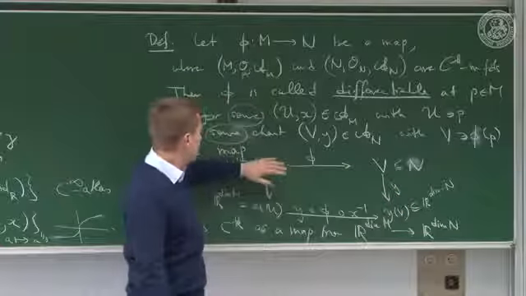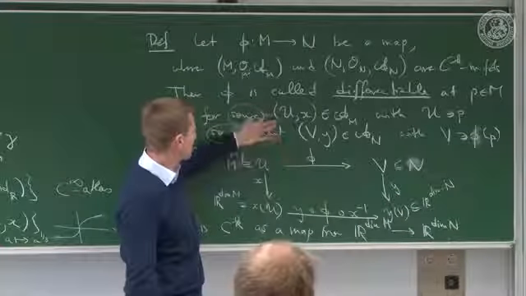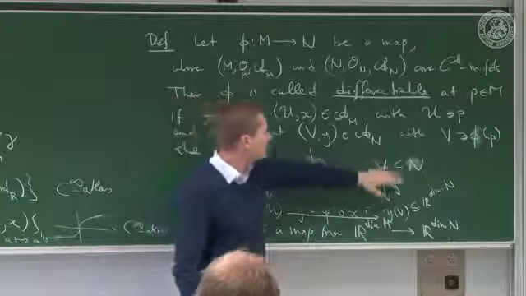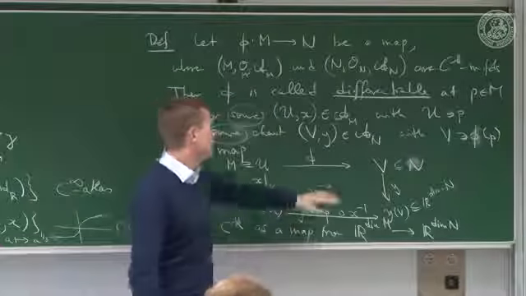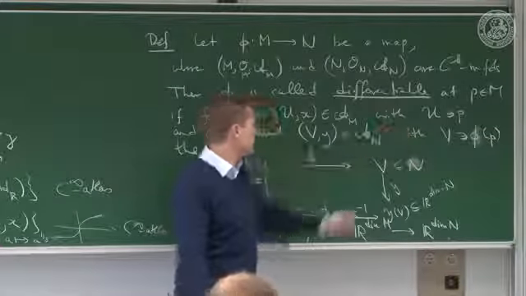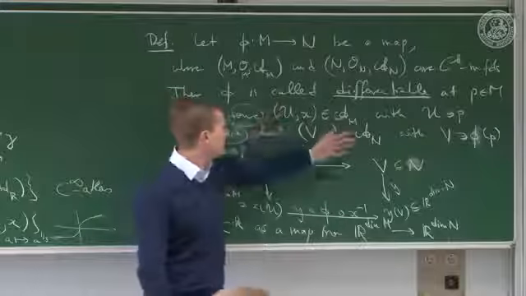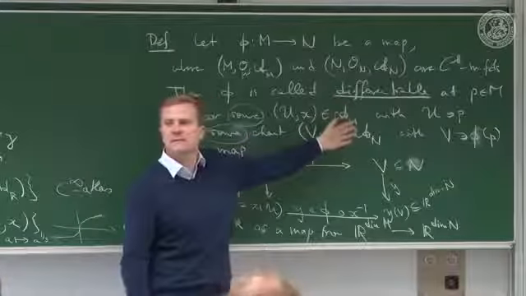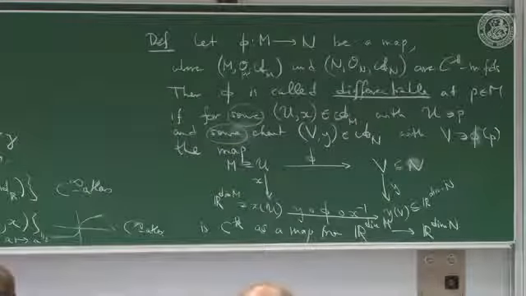What if I had chosen different charts around the point of interest and the image of the point of interest, and had checked the differentiability there? Well, I need to show well-definedness of this notion.